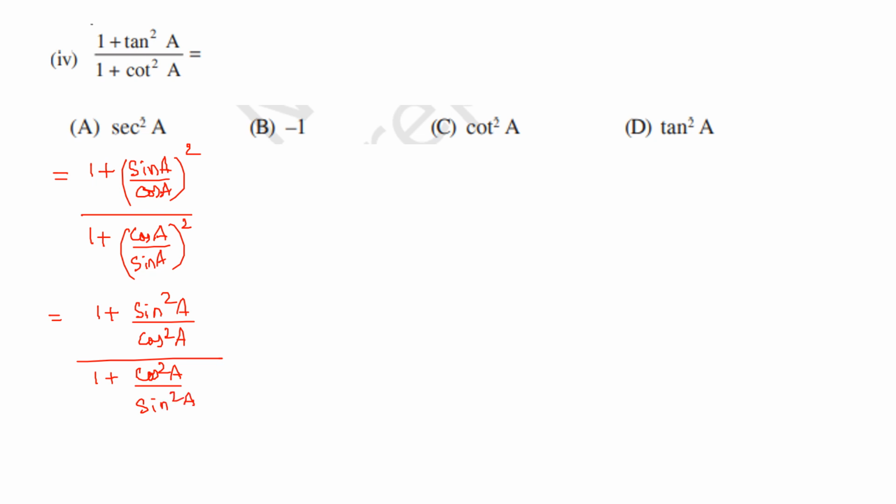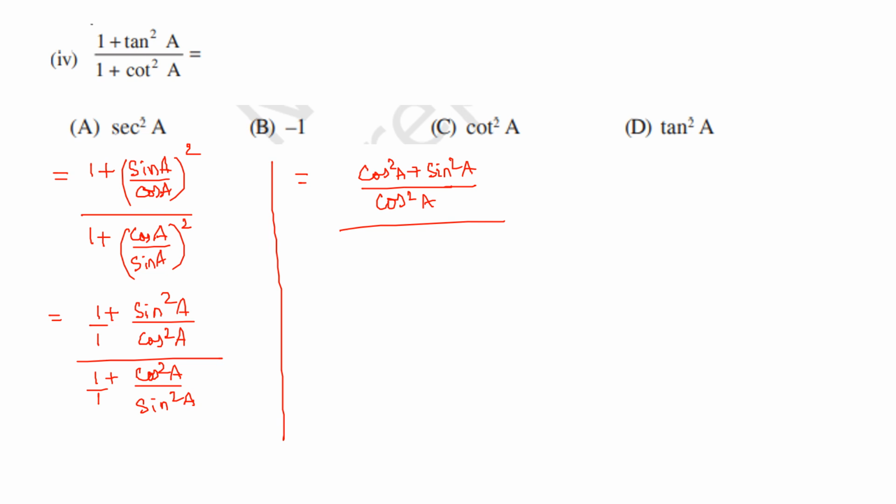Now next step, take the LCM in both numerator and denominator. In the numerator, if you see, it is 1 by 1, so the LCM of 1 and cos square A is cos square A only. So it will be cos square A plus sin square A over cos square A. Now let's see the denominator.